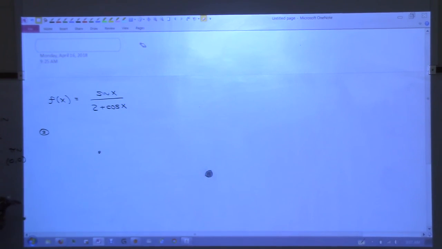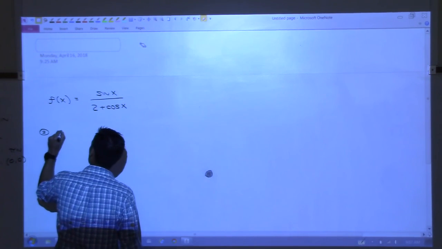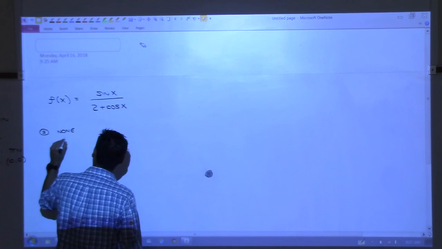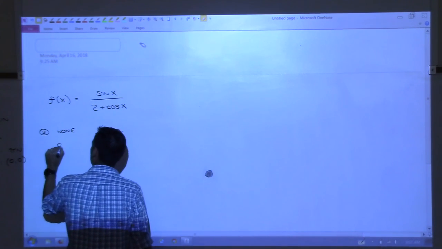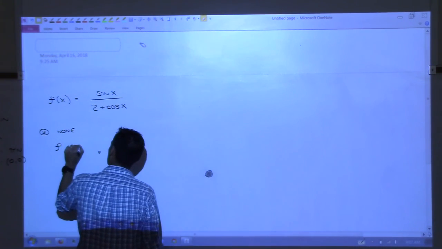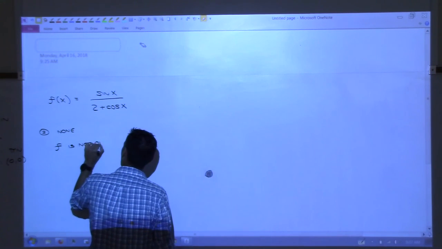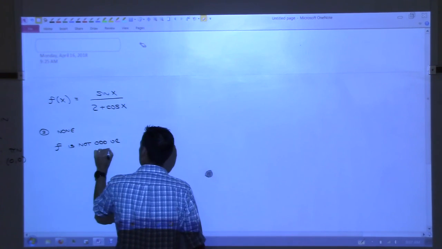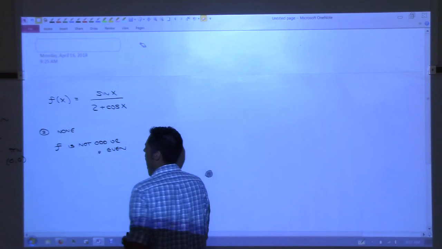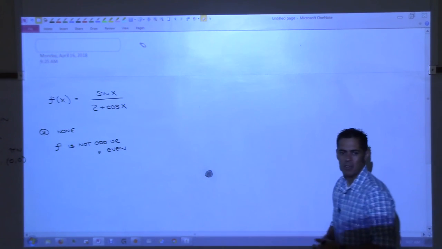And so if you have them mixed together, you're not going to be able to be just odd or just even. Make sense? Yeah. So symmetry, I'm going to say none. And why? Because F is not odd or even. It's kind of a mixture of both types.